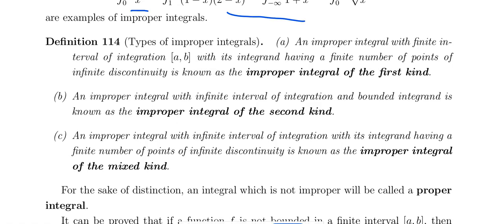And types of improper integral: an improper integral with finite interval of the integration a comma b, with the integrand having a finite number of points of infinite discontinuities, is known as the improper integral of the first kind.